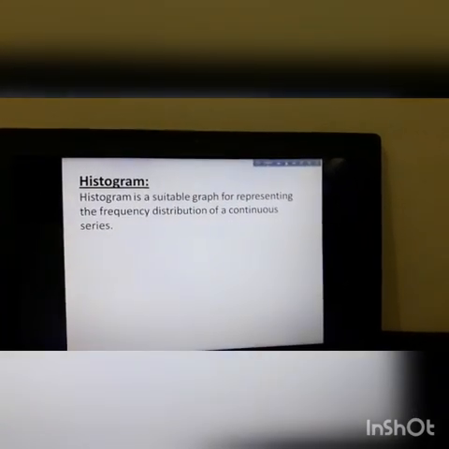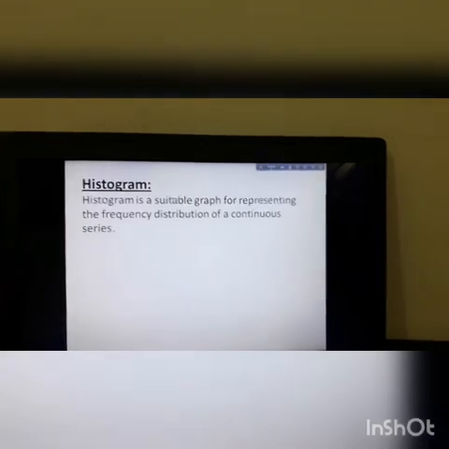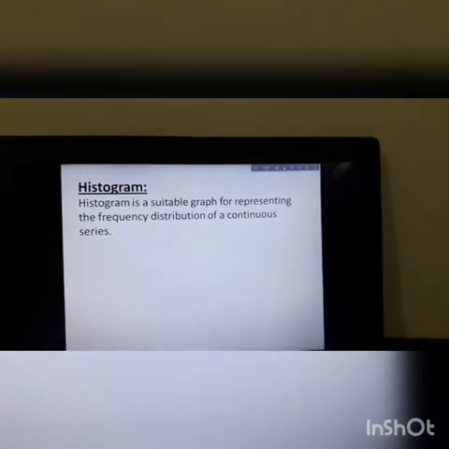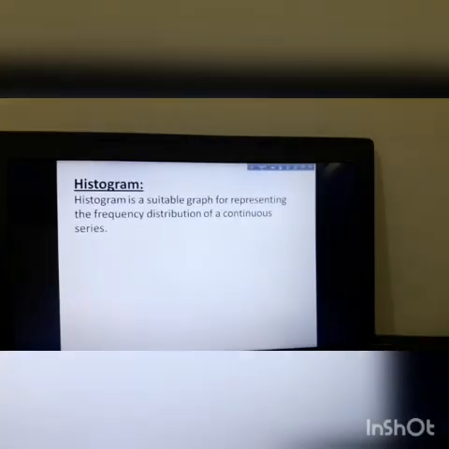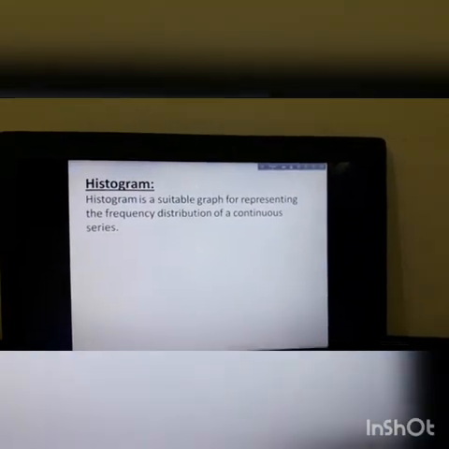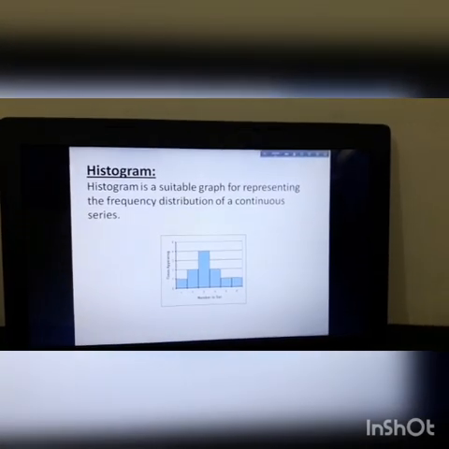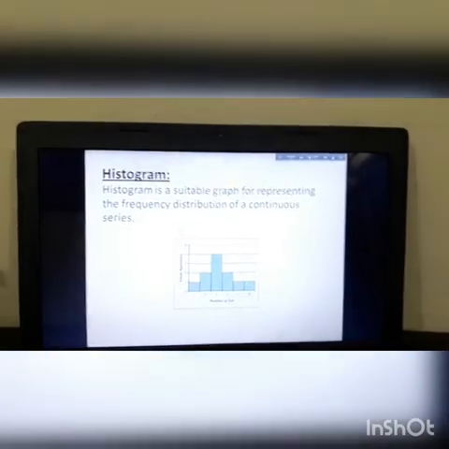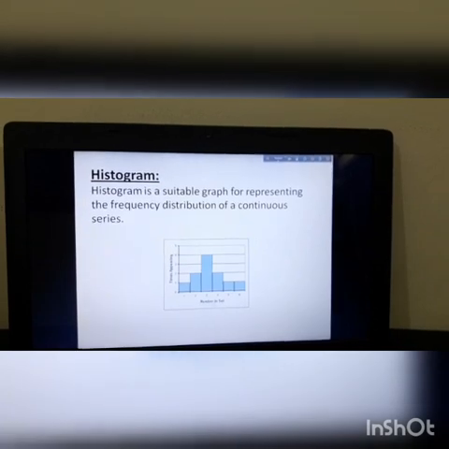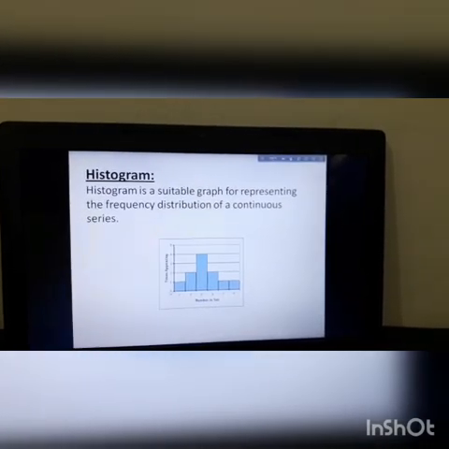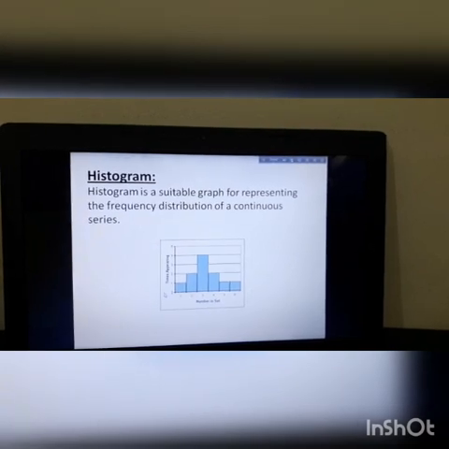Now, what is histogram? It's the most important topic in the chapter. When a frequency distribution is represented by a graph, then we get such a figure. This is known as histogram. To construct a histogram, along the x-axis you have to represent the class interval, and along the y-axis you have to represent the frequency.